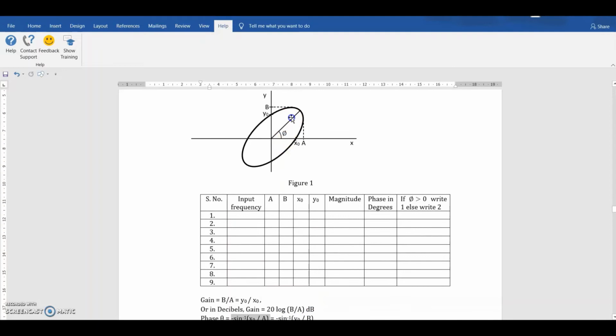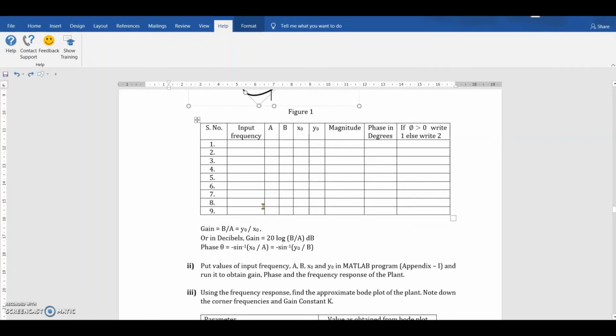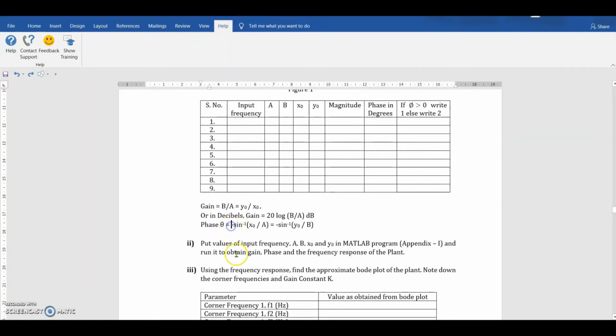Now if the slope is negative like this, then the formula for gain remains the same, but the formula for the phase changes. Just 180 degrees is added here: 180 degrees minus sine inverse of x0 by a.